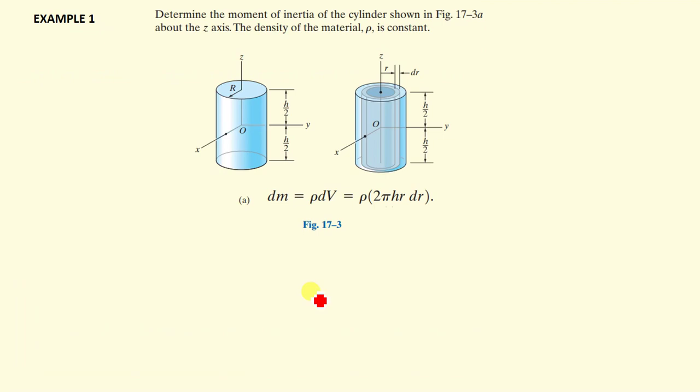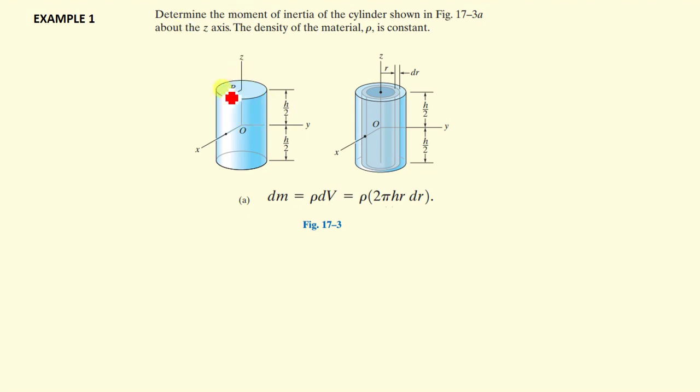So let's look at this example here. Instead of us just talking, we need also to look at one example. The example says, determine the moment of inertia of the cylinder shown about the z-axis. The density of the material is constant. So now look at this.